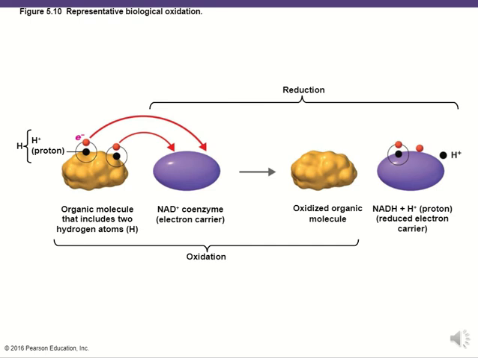Case in point, where a proton and electron are both removed to a coenzyme, thus causing the original molecule to become oxidized because it loses an electron, and the coenzyme becomes reduced because it gains the electron.